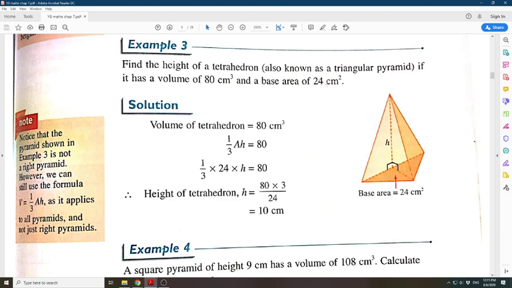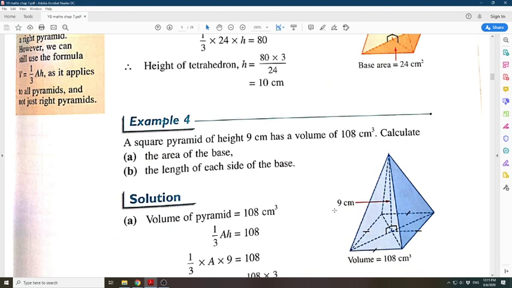In this case the base area is already given as 24. They also give you the volume, 80. So you have this formula: 1 over 3 times base area times height equals 80. And the base area is already given as 24, so you can easily find the height.